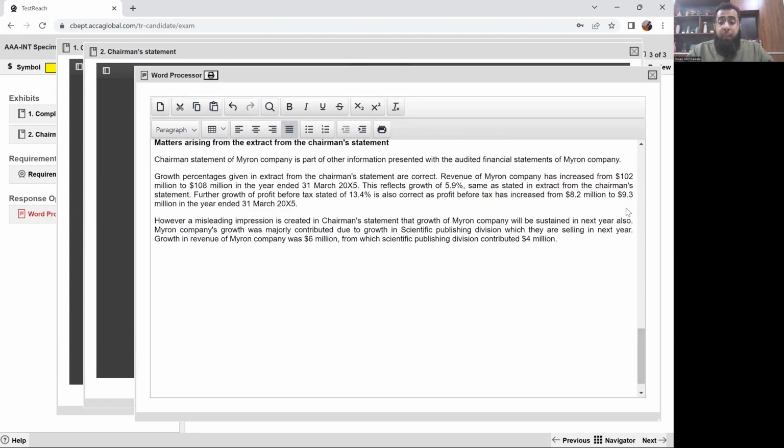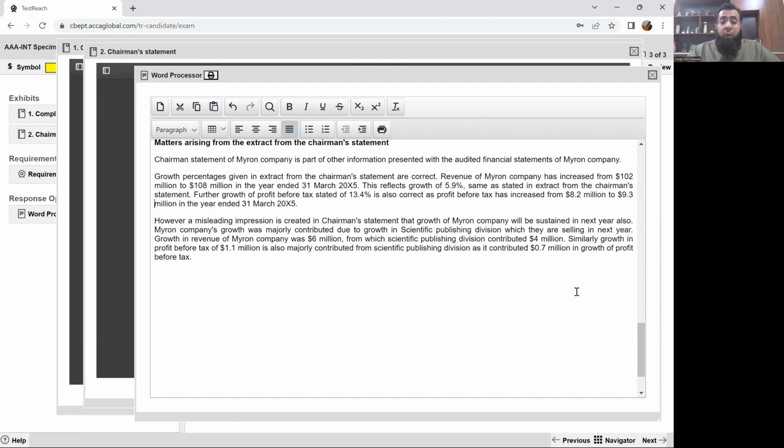So the growth in profit before tax of $1.1 million is also majorly contributed by the scientific publishing division, as it contributed $0.7 million.